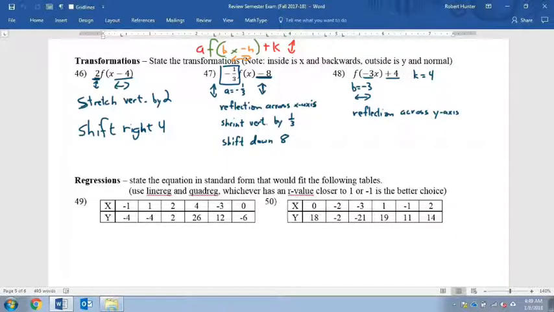Because if you're going left and right, you're crossing the y, and it's a horizontal. And again, you multiply by 3, you think bigger, but it's actually getting smaller. Shrink by 3, and then it's a shift. This one, if you're adding outside, it's a shift. We're going up 4. And those are your transformations.